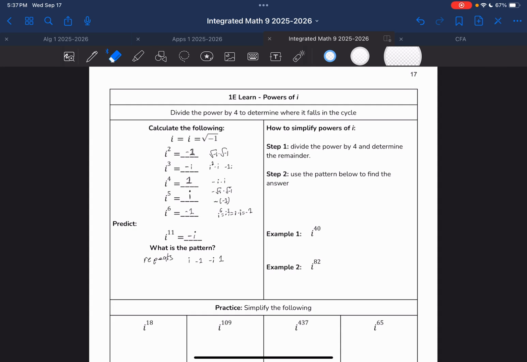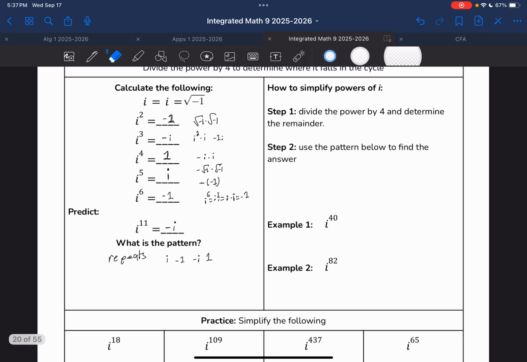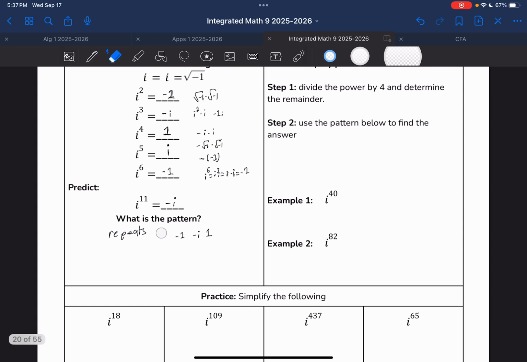So how do we use this to find higher powers of i? Well, we want to use that pattern, and how we're going to do that is we're going to figure out what the remainder is when we divide by 4. Remember the pattern here. I'm actually going to write this a little bit more specifically.